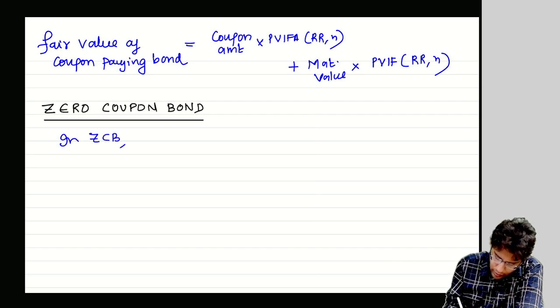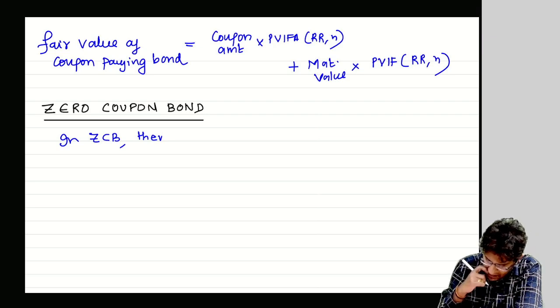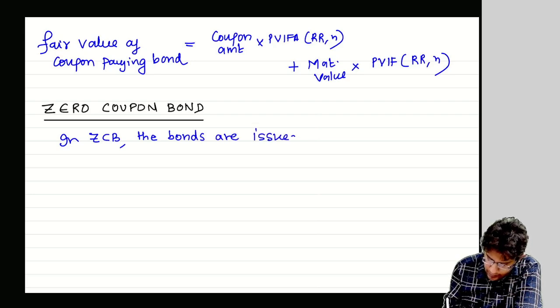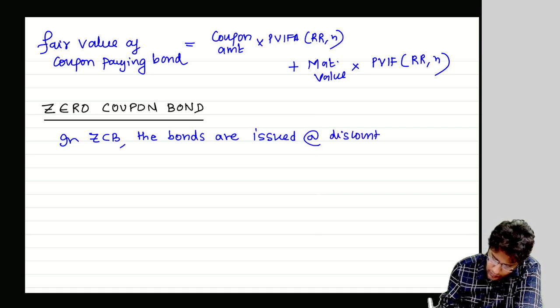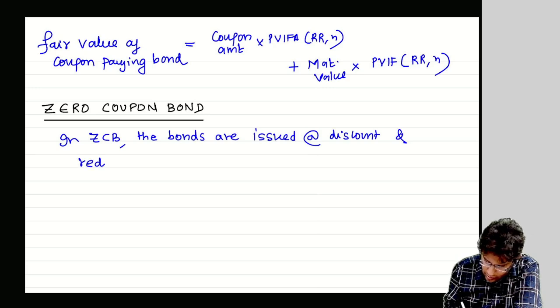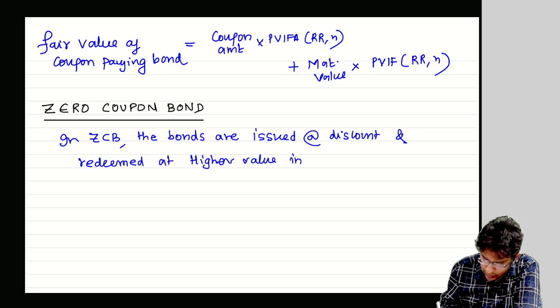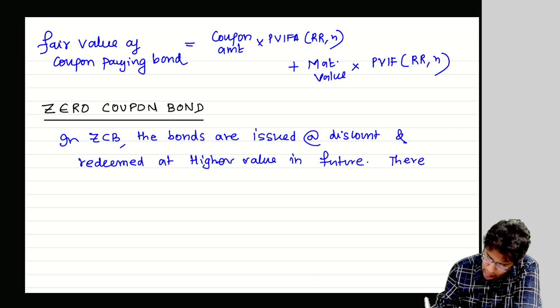So in a zero coupon bond, the bonds are issued at discount and redeemed at a higher value in future, on the maturity date.